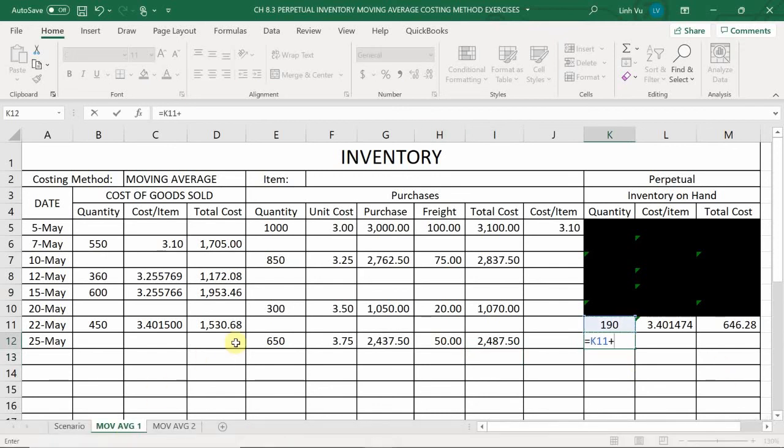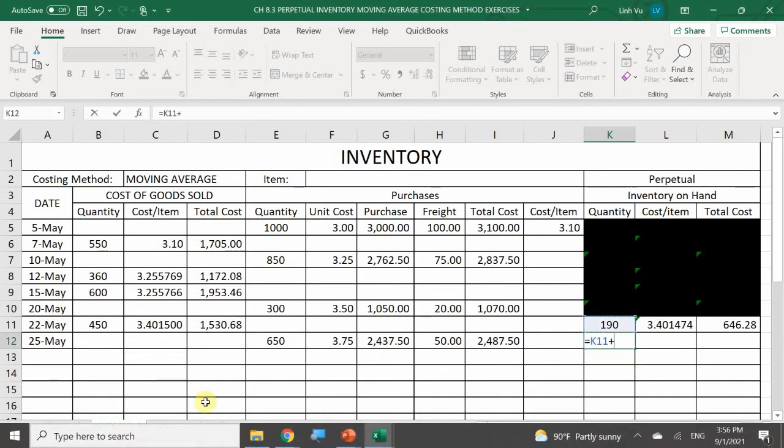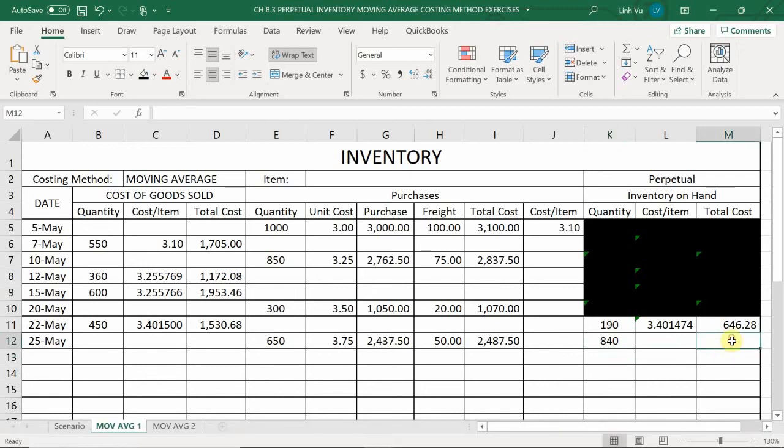So then I've got to update my inventory. How many items do I actually have in my inventory now? 650 plus 190 is 840. 840, yes. Okay.